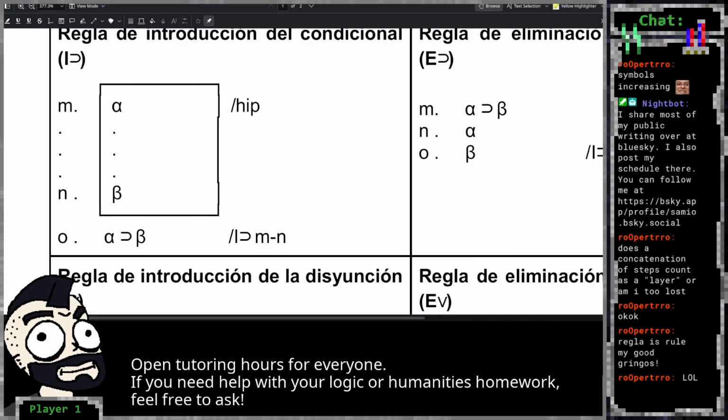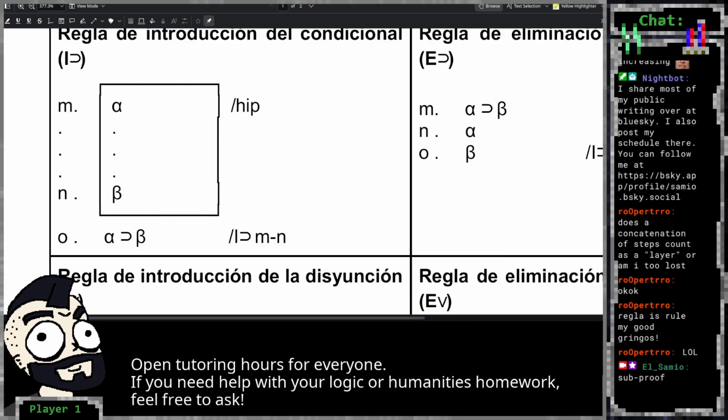Let me type in the chat. Soft proof. We can construct or introduce a conditional if we build a secondary proof inside the main proof that starts with the antecedent and ends with the consequent.